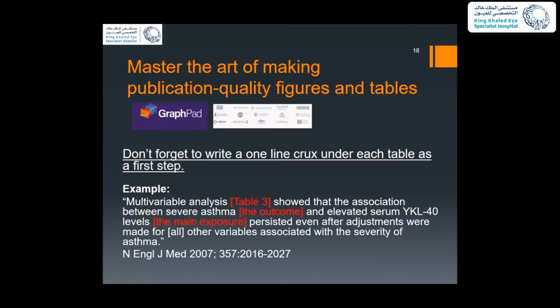And instead of two tables, if you present two good graphs, that can really help. Don't forget to write a one-line crux for each table, summarizing the table in one or two lines.